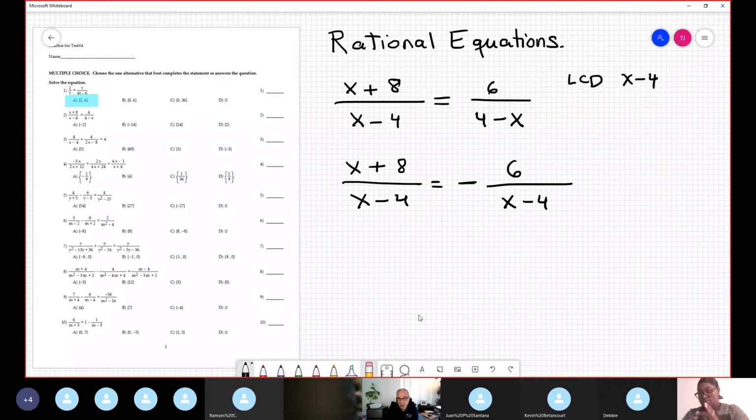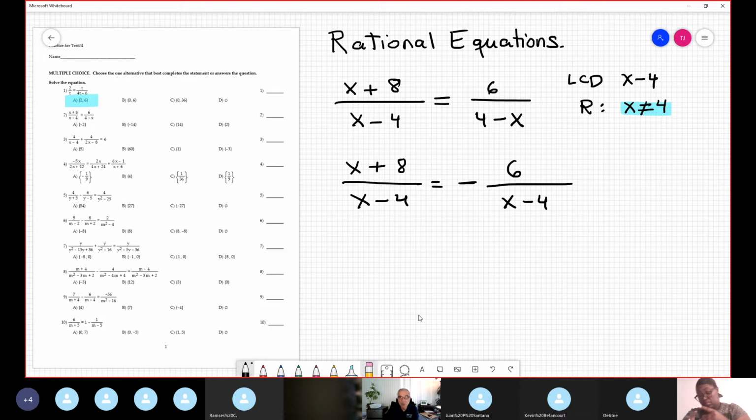Okay, super. And the restriction, let me call it capital R: x is not 4. Any solution equal to 4 is no good. Why? Because 4 minus 4 is 0, and division by 0 is illegal.